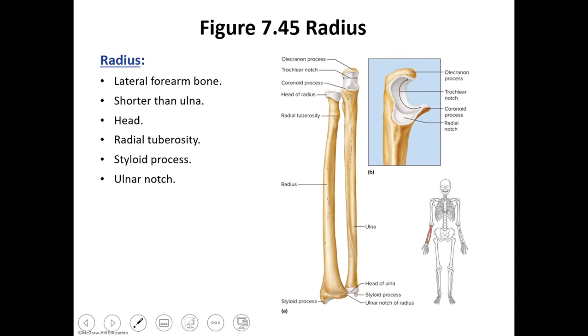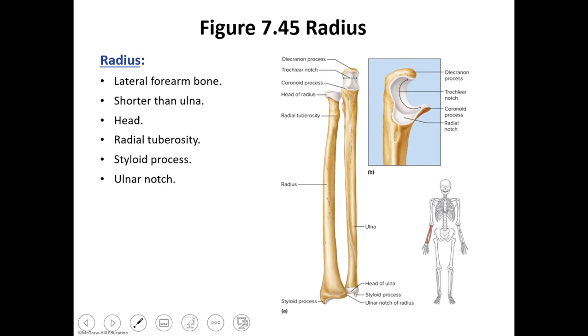Olecranon process, coronoid process. You have the radial notch right here, articulating with the head of the radius. Now you look over here, you see the head of the radius, and where it's touching the ulna is the radial notch.